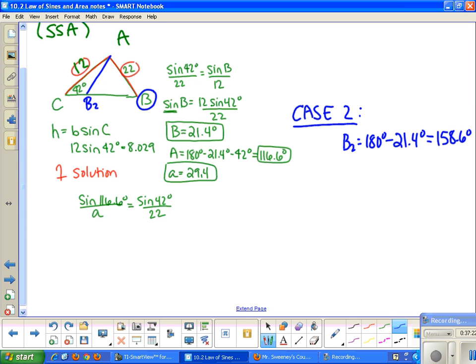So then if I try to solve for angle a2, so this new angle right here, then I would do 180 degrees minus 158.6 degrees minus my given angle, which is 42 degrees.